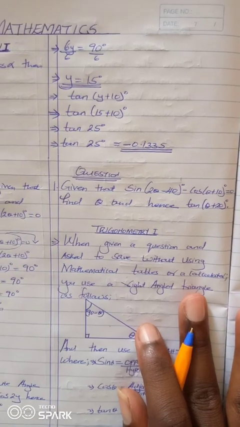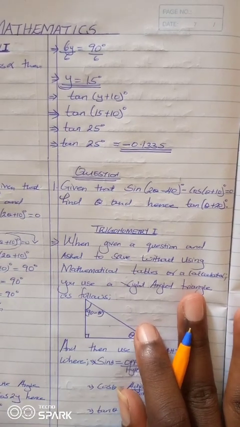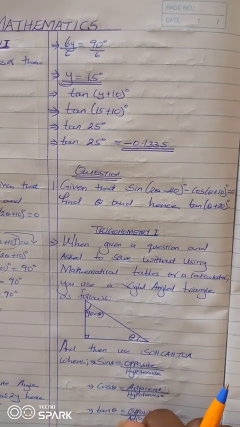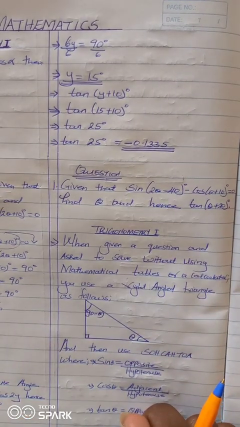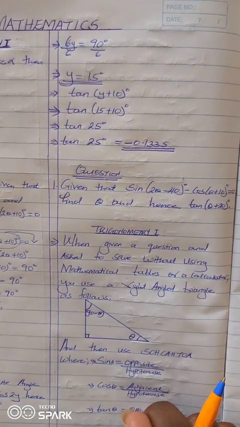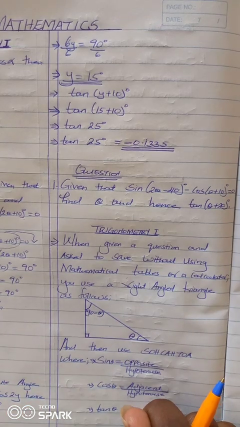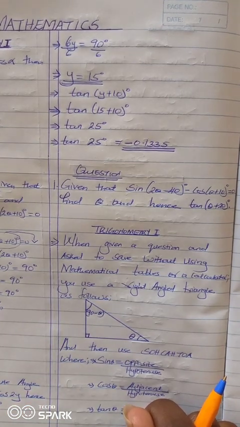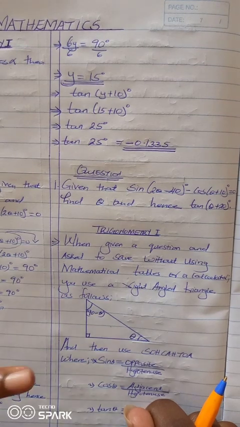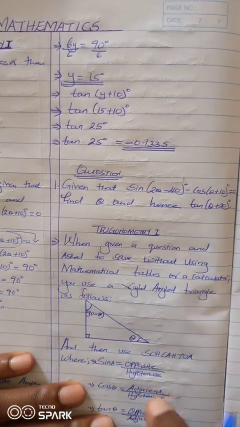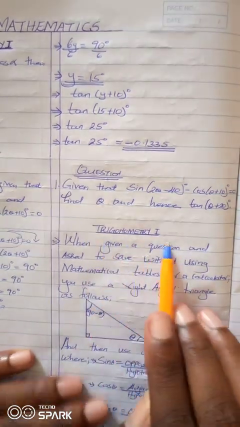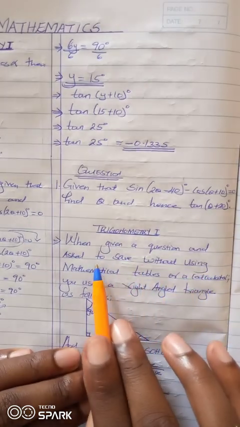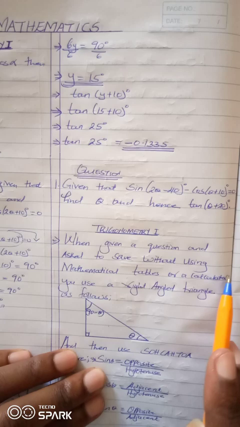In our previous lesson on Trigonometry 1, we did several examples on a different concept. Today we are going to deal with a question where you are told to evaluate or solve without using mathematical tables or a calculator.